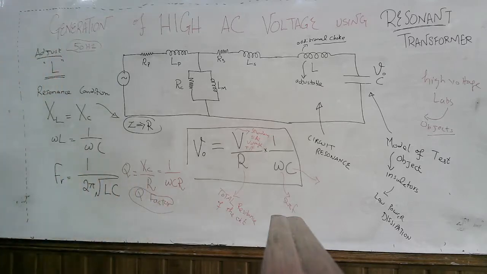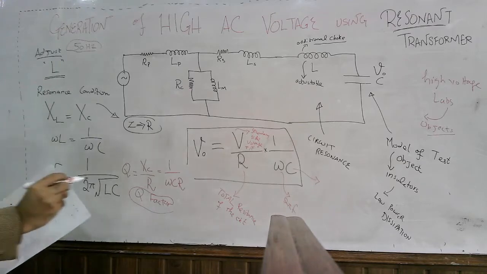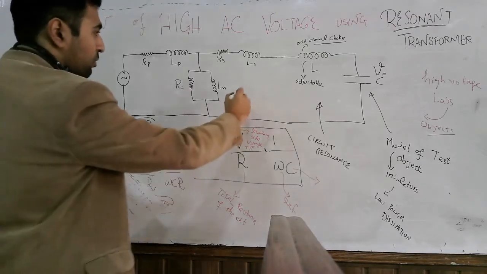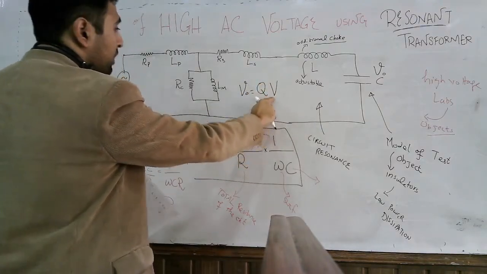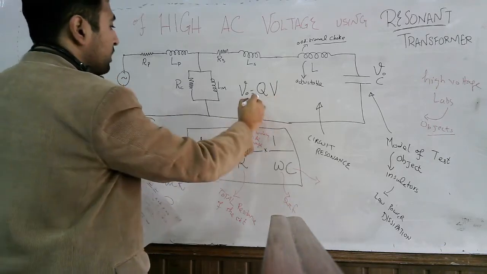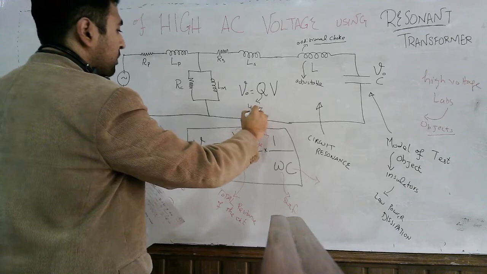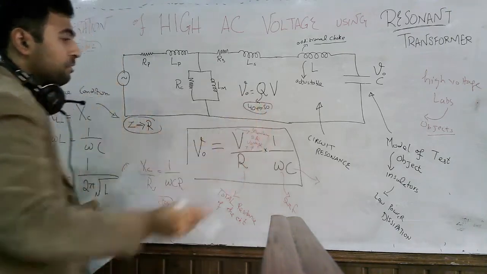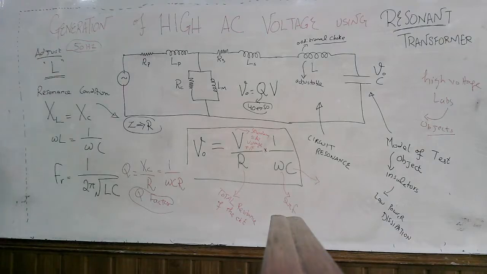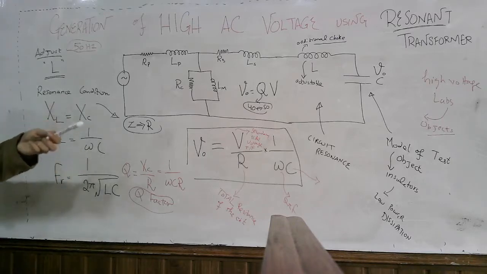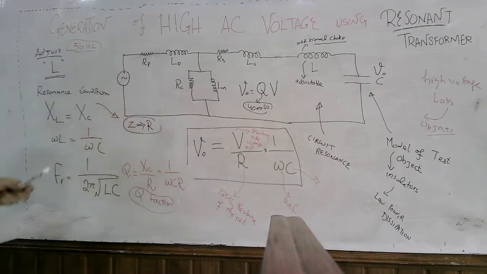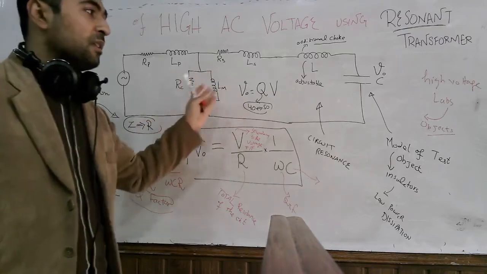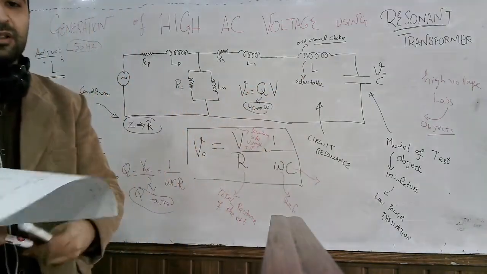So we can also write the output voltage as the Q factor multiplied by the secondary side rated voltage of the transformer. The Q factor is typically between 40 and 50. So the advantage of this circuit is that the required primary side voltage is about 50 times less than the voltage produced across this test object.